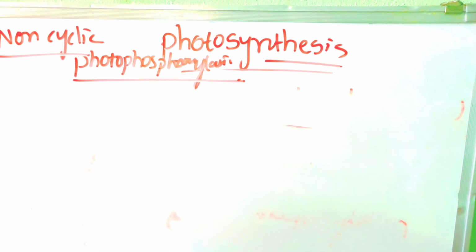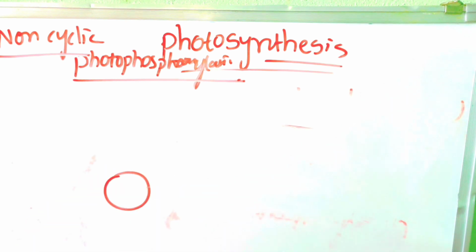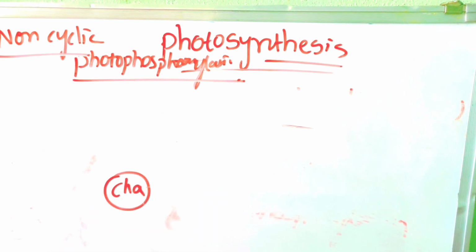First, what are the important requirements for non-cyclic photophosphorylation? First, this is the reaction center. In this leaf molecule, the reaction center has chlorophyll A. So this is the reaction center. What is the center? Reaction center.